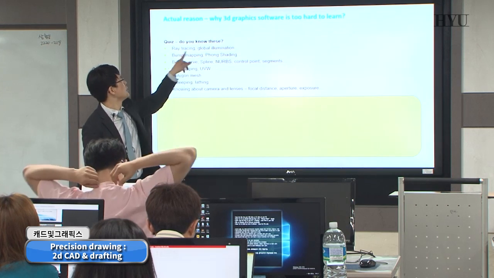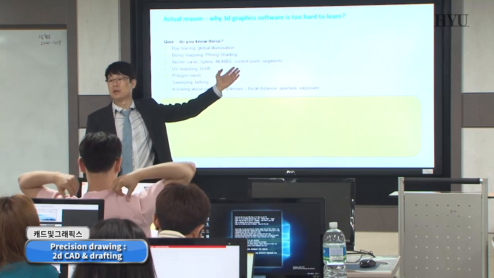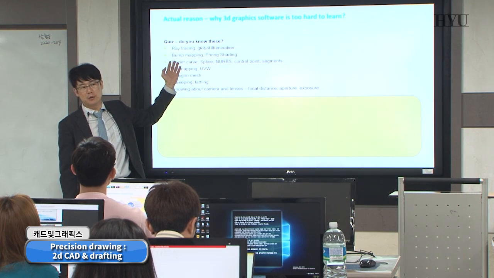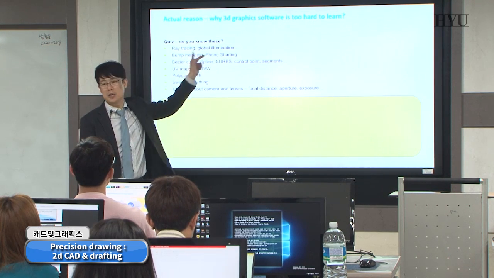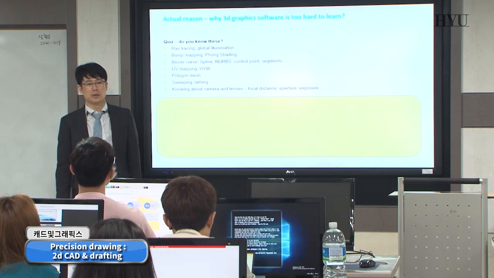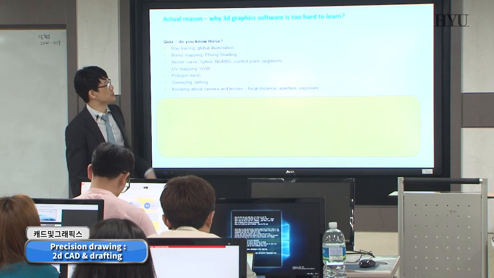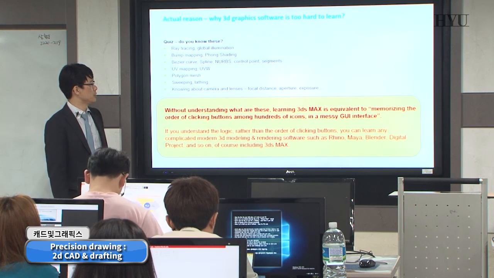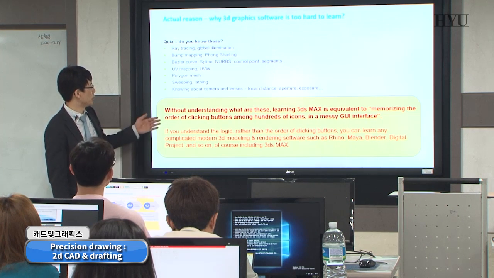And global illumination, ray tracing, something about rendering. While we are learning and dealing with V-Ray, the terms are introduced and something we need to take a look at anyway.